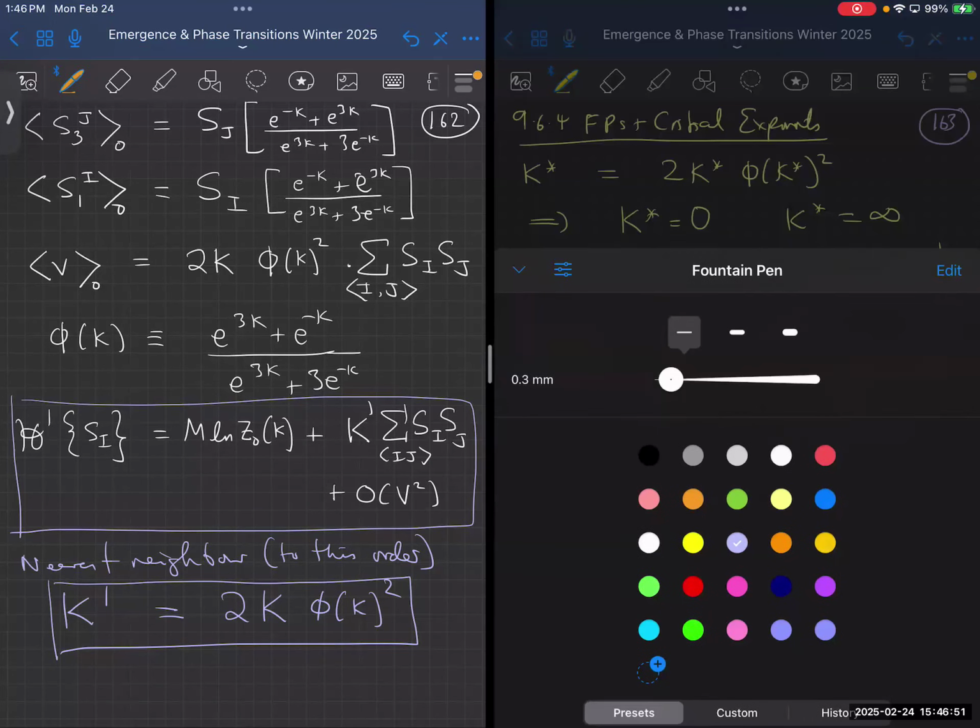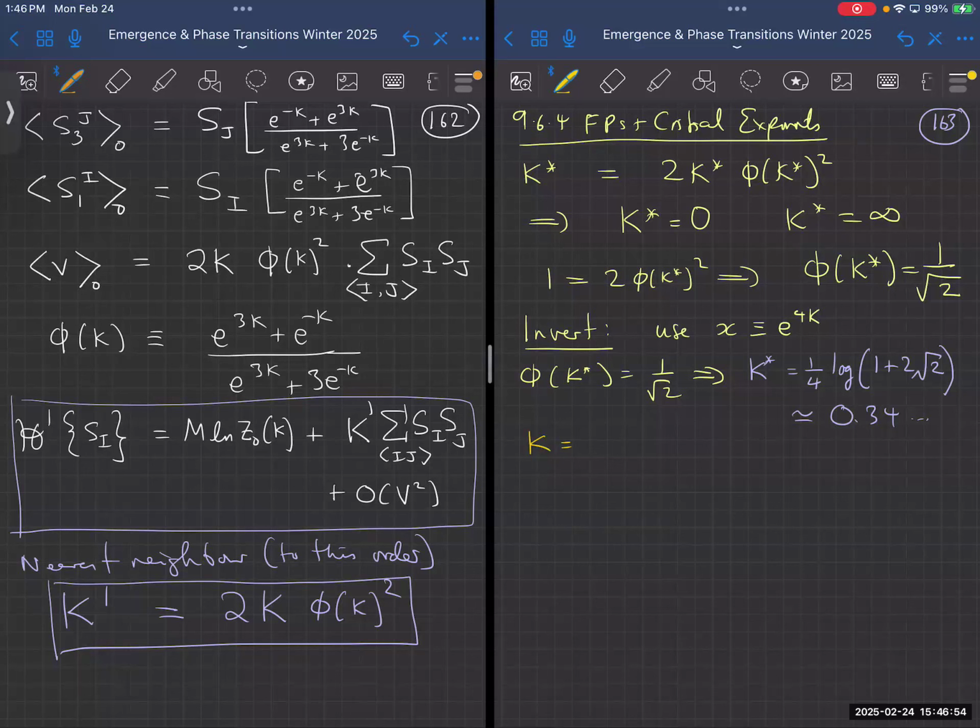And remember what K is. K is equal to J over KBT. And so that tells me what is the critical temperature of the 2D Ising model.